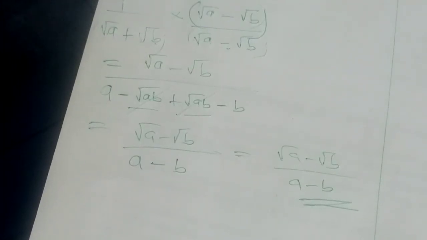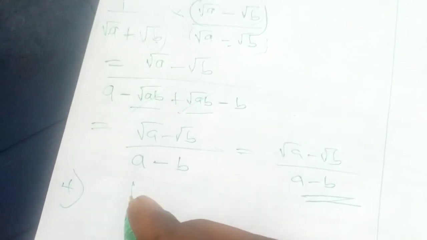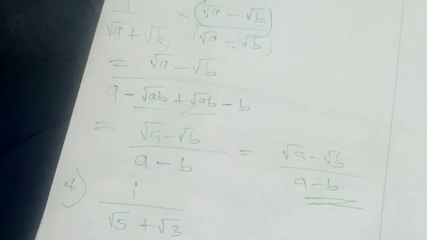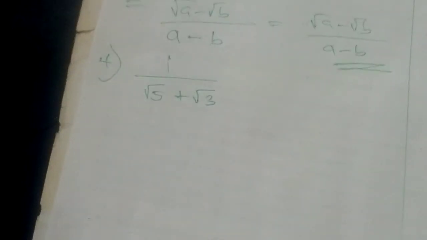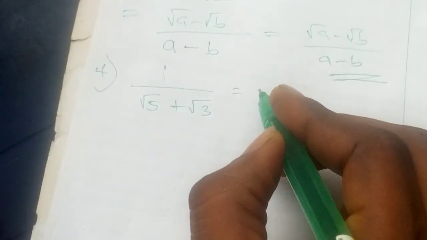So simple. Now if numbers are used, let's say we have 1 over root 5 plus root 3, you can follow the same technique just as it has been taught here. Just change the sign.